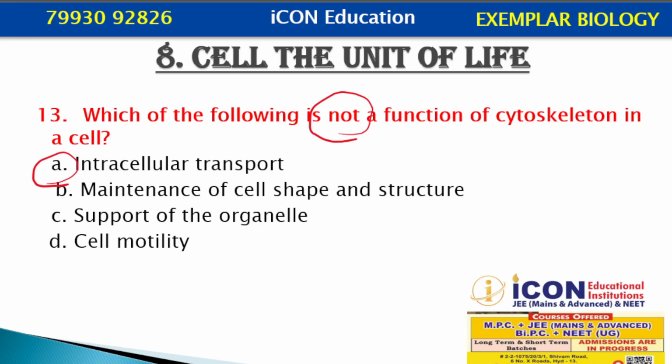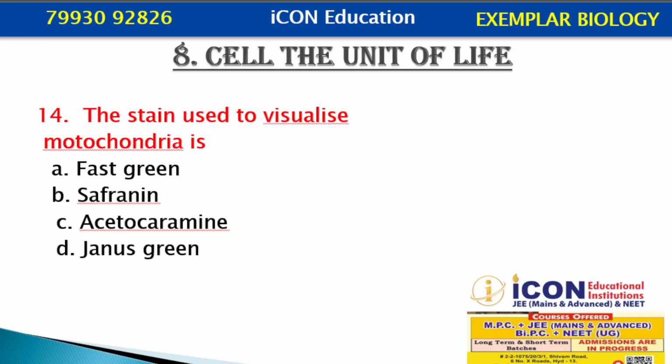Then question number 14. The stain used to visualize mitochondria is. It is Janus green B. Janus green B is a stain used to visualize mitochondria.